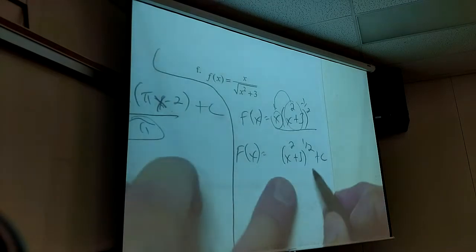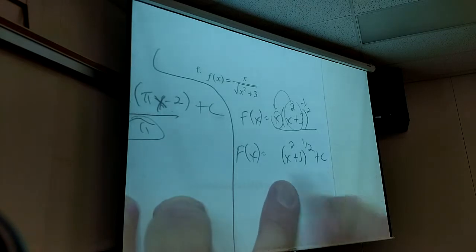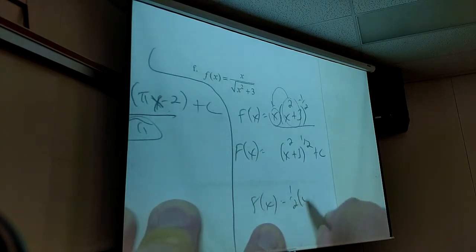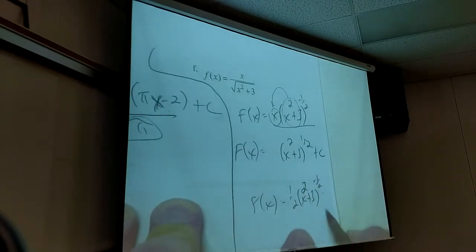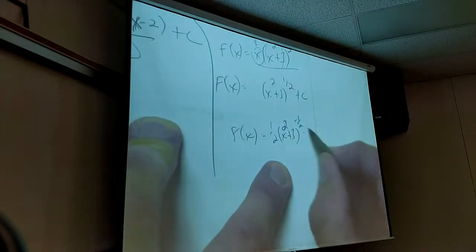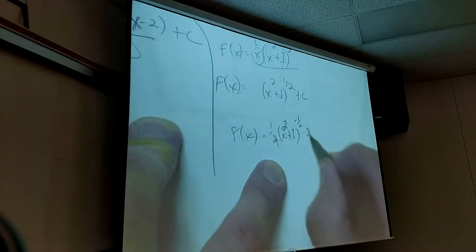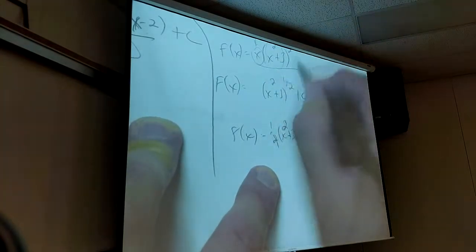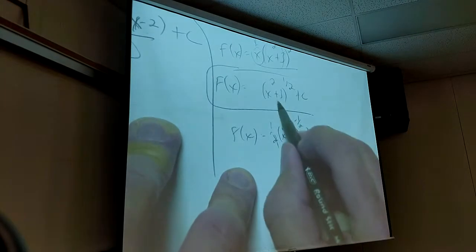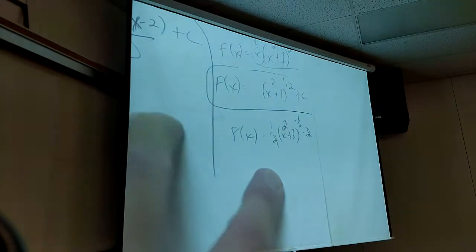So let's check. I haven't checked yet. What's the derivative of this? From what I've written, I would get 1/2 times x squared plus 3 to the negative 1/2 times 2x. 1/2 of 2x is x. Isn't that what I had to begin with? So that's the answer. This is the function whose derivative is the thing I was given.